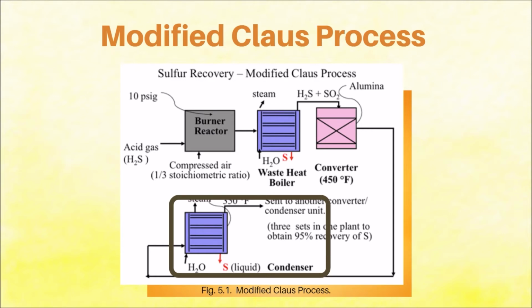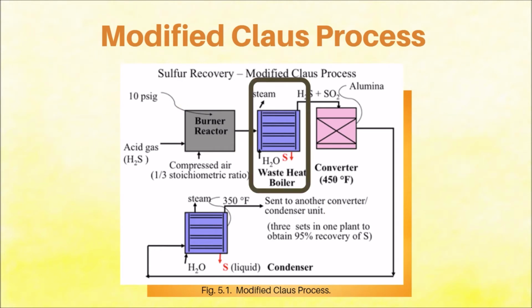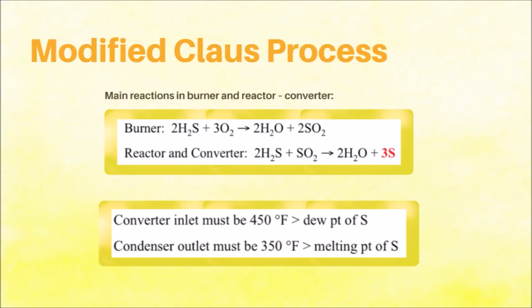Small quantities of sulfur produced in the burner reactor may also be recovered after the waste heat boiler. Typically, 3 sets of converter-condenser units in series are needed to achieve 95% recovery of sulfur in the modified Claus process.